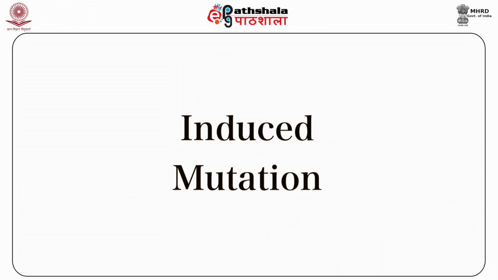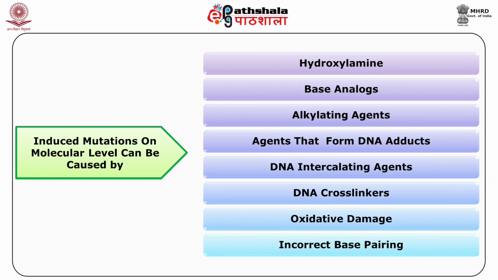Let us understand about induced mutations. Induced mutations on the molecular level can be caused by chemicals such as hydroxylamine, base analogues, and alkylating agents, for example N-ethyl-N-nitrosourea. These agents can mutate both replicating and non-replicating DNA.